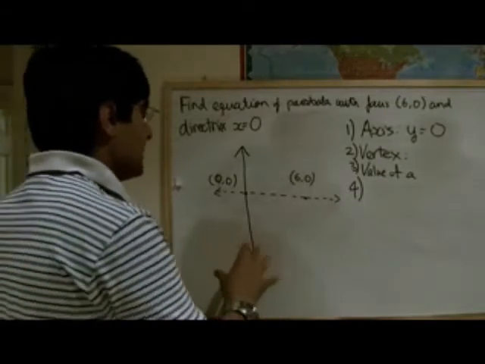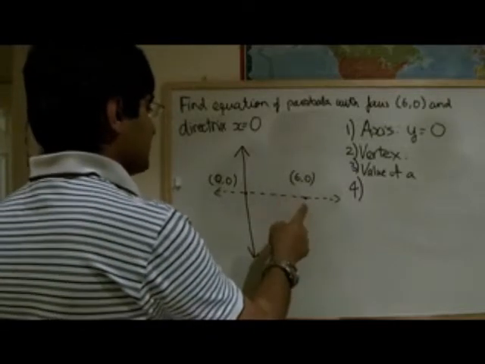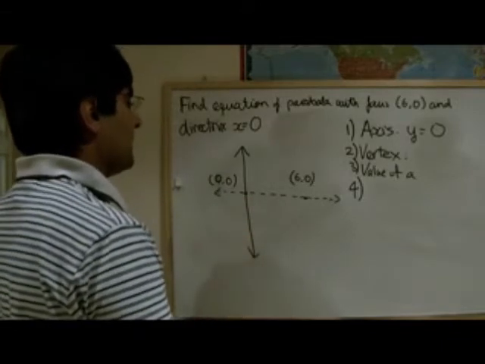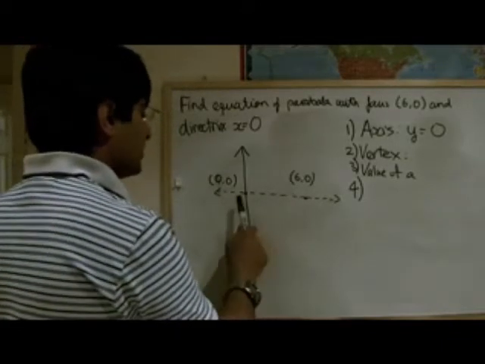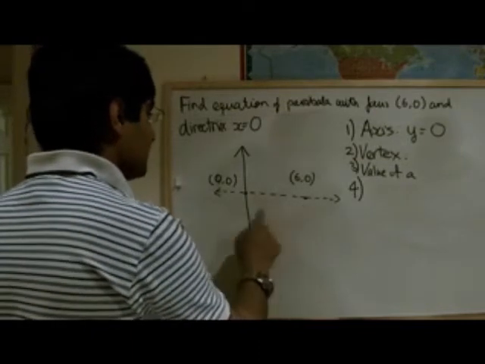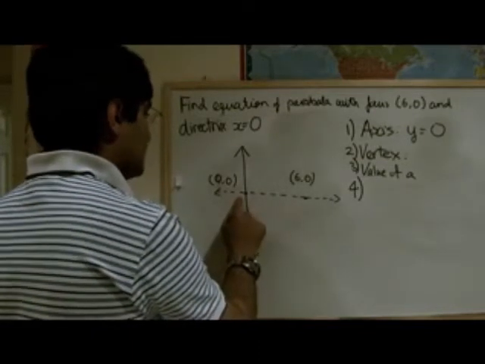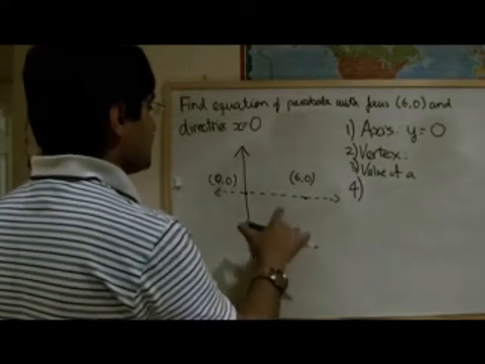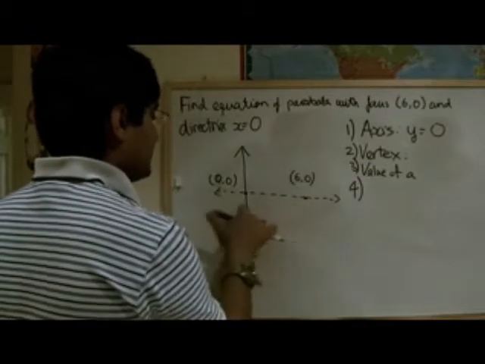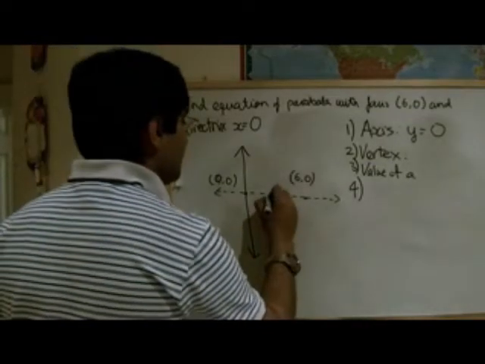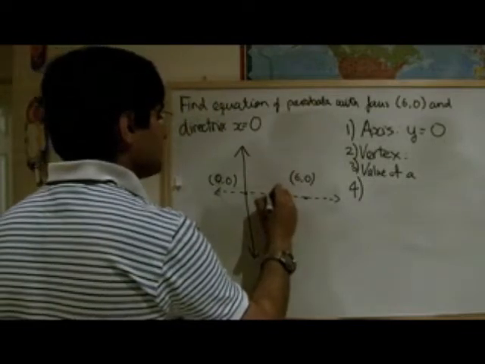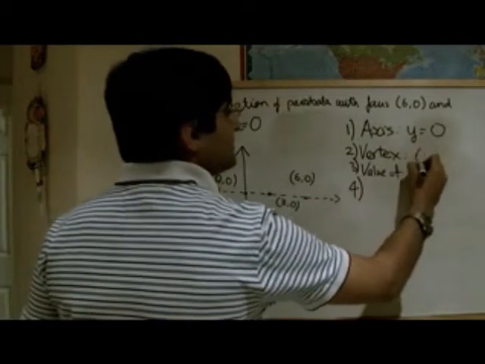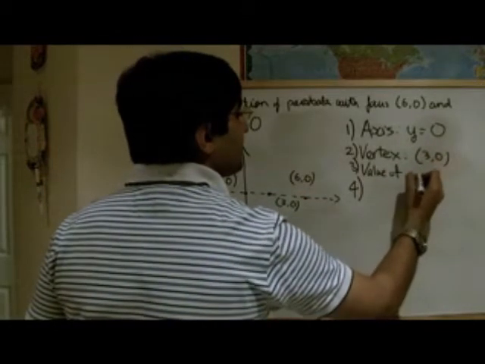So if this is the vertex and this is the directrix, the vertex must be somewhere in between, equidistant from the directrix at (0, 0) and from the focus at (6, 0), because the focus and directrix have to be the same distance either side of the vertex. What's midway between (0, 0) and (6, 0)? Well, it is (3, 0). So the vertex now is (3, 0).